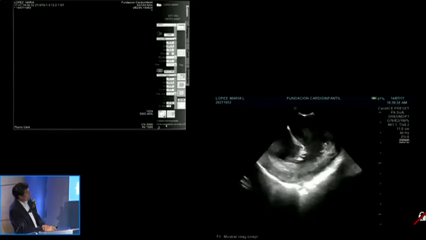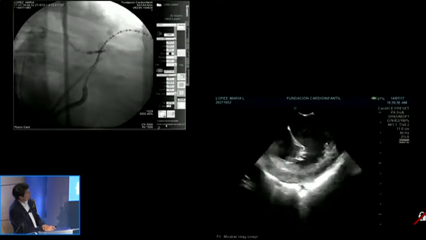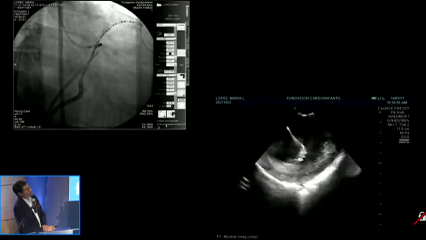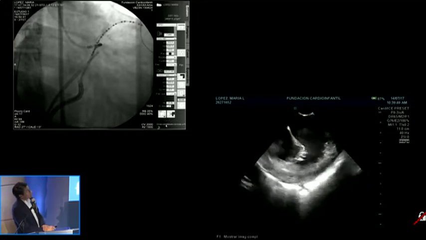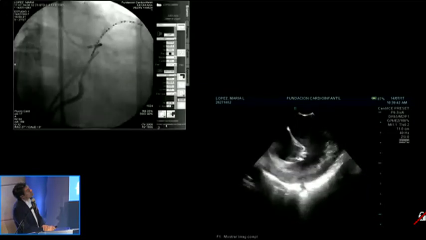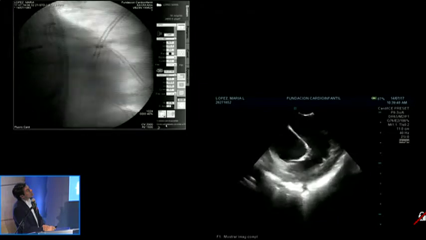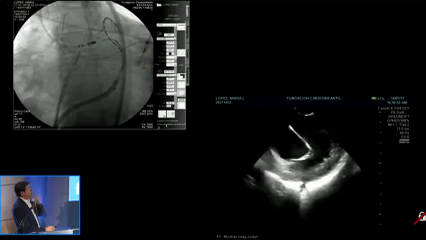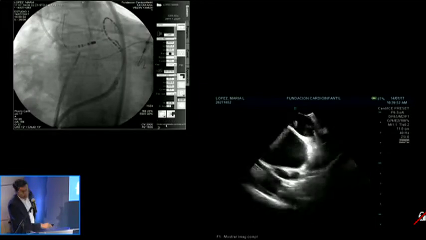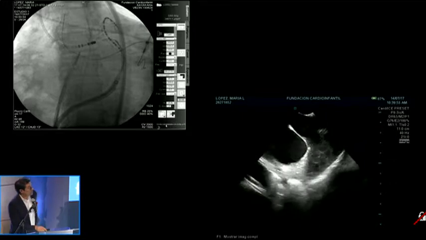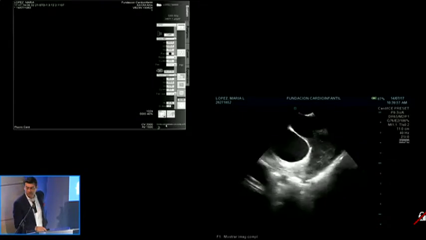Okay, they want to see the fluoroscopy and the ICE for the location of the catheter. Well, it's too basal in RAO. It is exactly below. What's important is to see the ICE, because the fluoroscopy is what you want to see, but the only thing that doesn't lie is the ICE. So let's see the ICE.